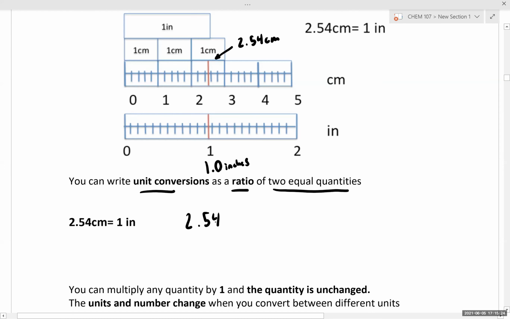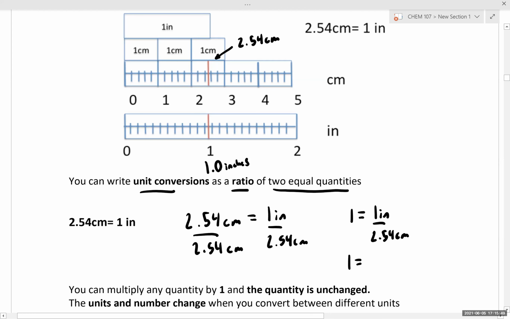If we divide both sides by 2.54 centimeters, we get a ratio of 1 is equal to 1 inch over 2.54 centimeters.